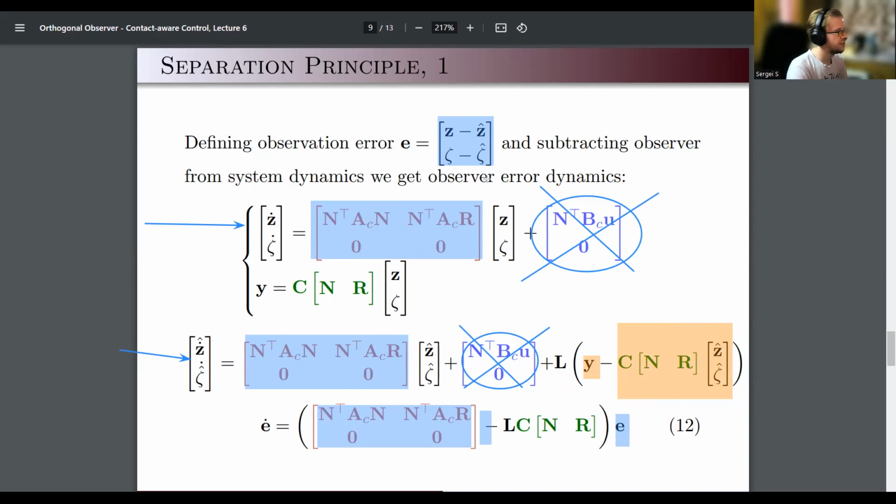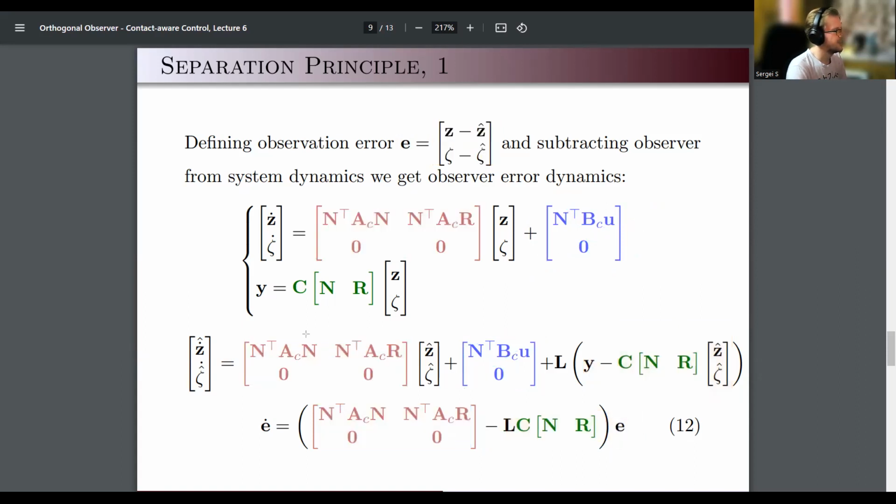So this whole green matrix times lambda, times L, would go here, and it would be taken out of the brackets. And in the brackets, we would again have this, which would be E. So the Luenberger observer error dynamics, the observation error dynamics, is always this nice expression: something in the brackets times E.